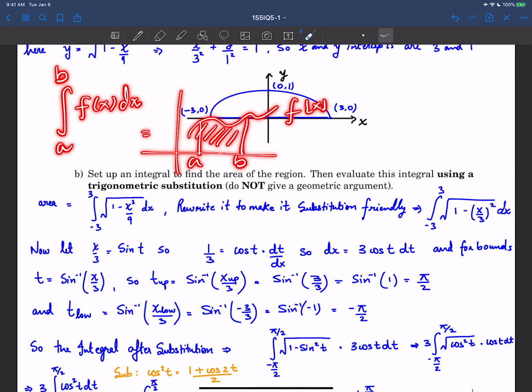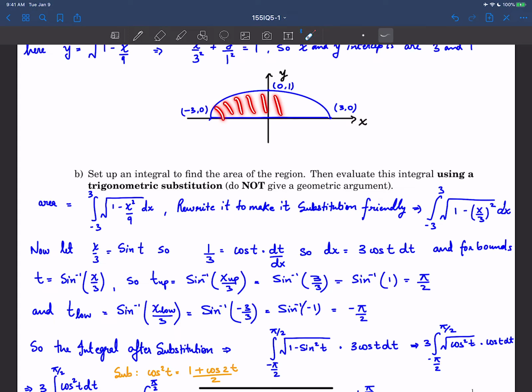So if you want this area, all you need is the integral of the function given to you, the square root of 1 minus x squared divided by 9, and the bounds should be from -3 all the way up to 3. That is why you have this integral set up here to compute the area, and that was pretty much the first part: set up the integral to find the region area.